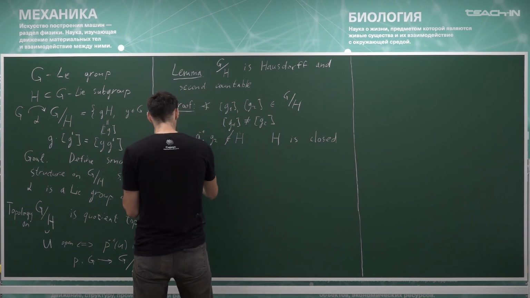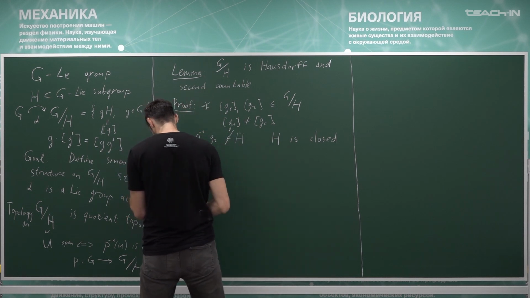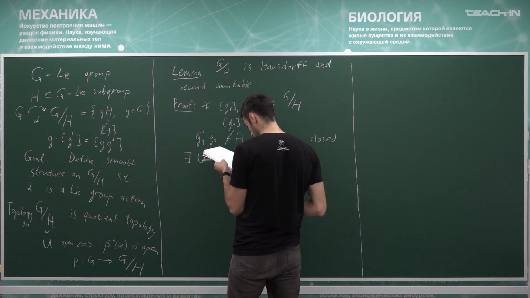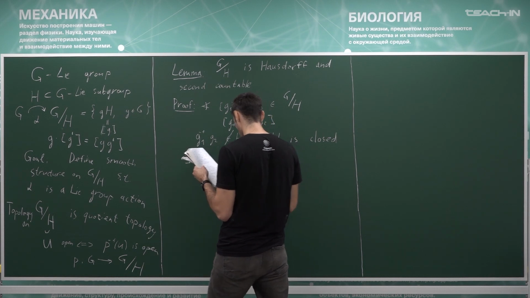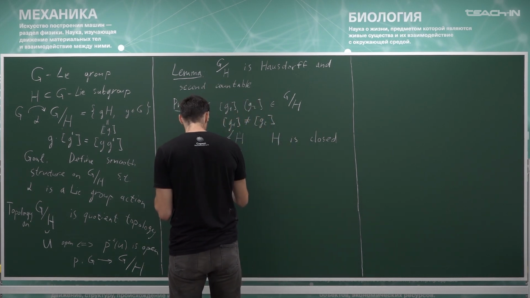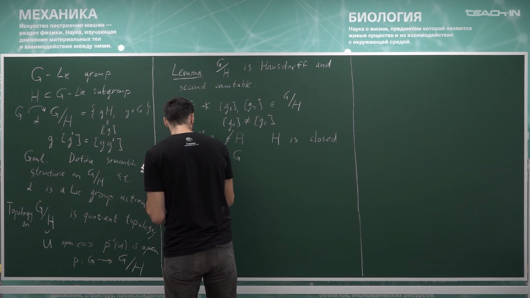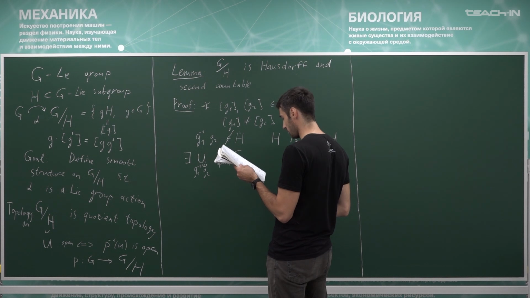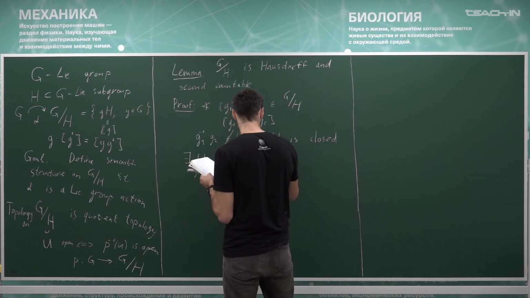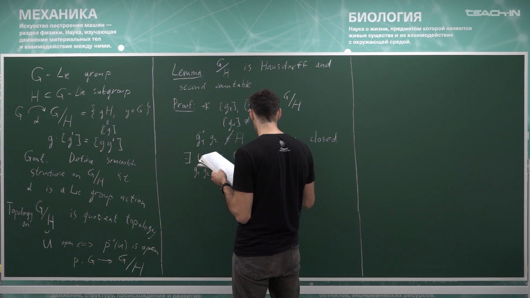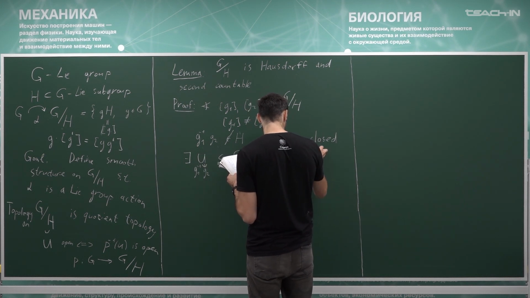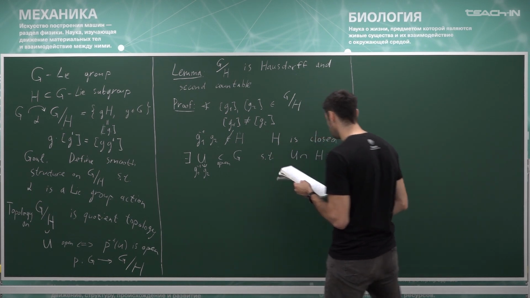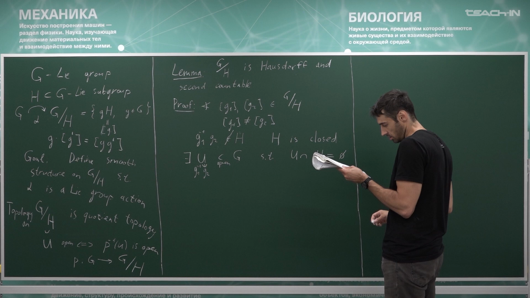So there exists an open U in G, and g1 inverse g2 is inside, such that it is actually in G minus H. So U does not intersect with H.